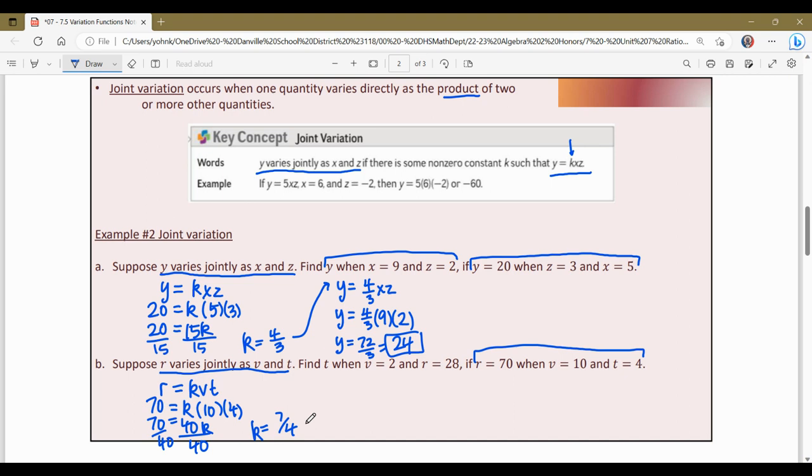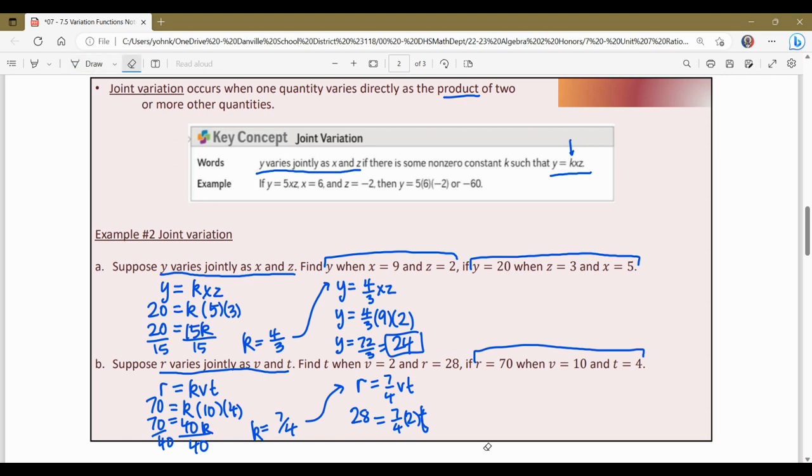All right, so now we're going to write this equation. R equals 7/4 vt. We're going to use the last bit of information. Find t when v equals 2 and r is 28. So 28 equals 7/4 times v, which is 2, times t, which is what we're trying to find.